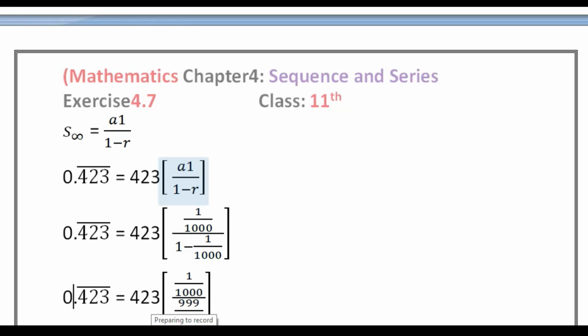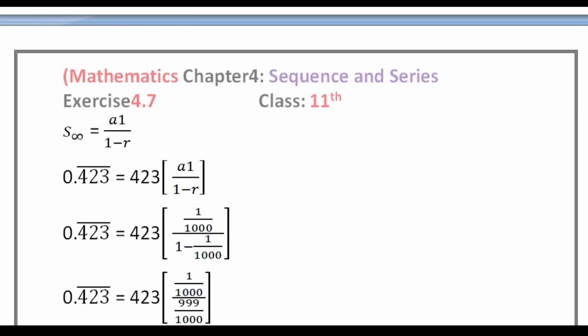So by putting the values, the value of a1 is equal to 1 divided by 1000, and 1 minus 1 divided by 1000 can be written with LCM 1000 as 1000 minus 1 over 1000, equal to 999 divided by 1000.